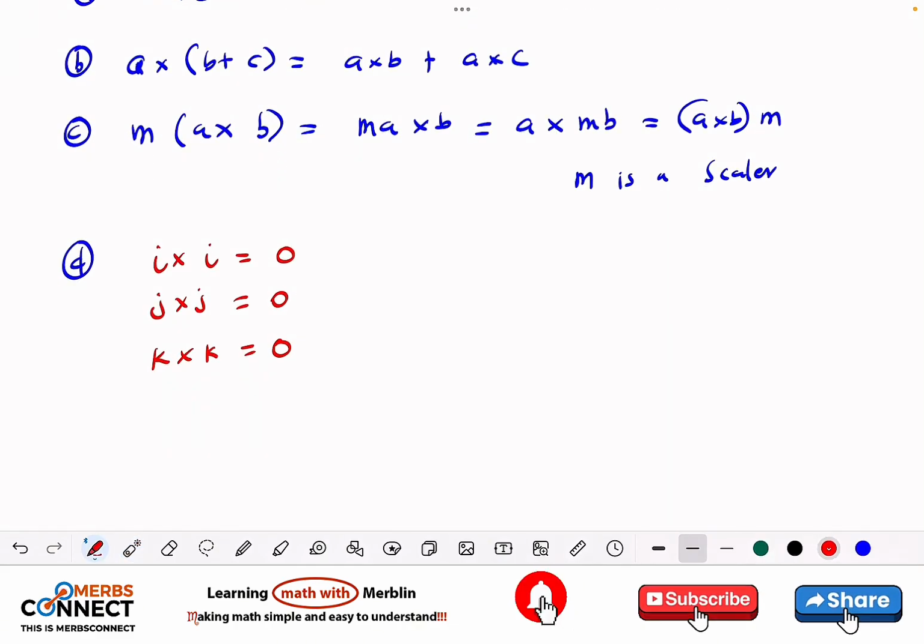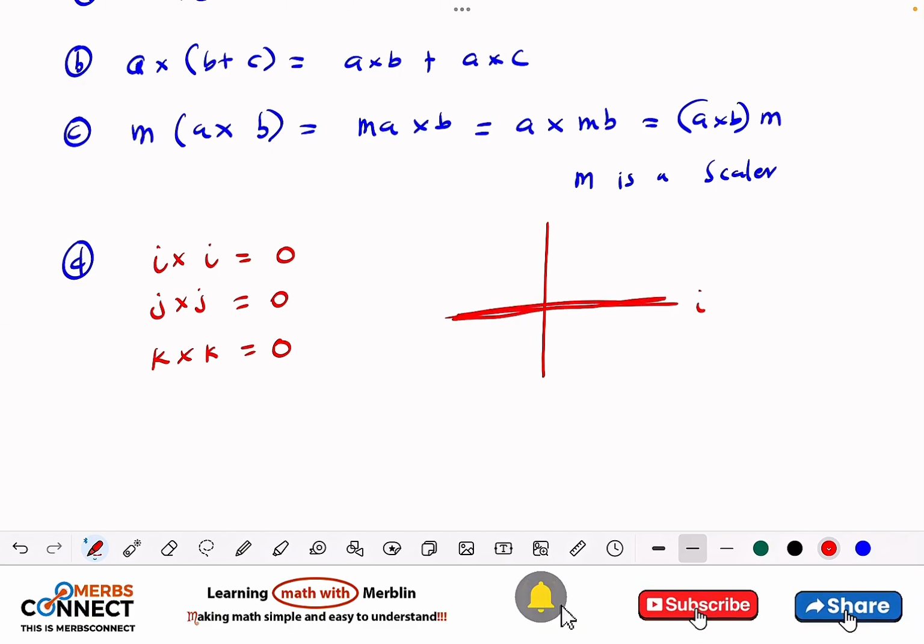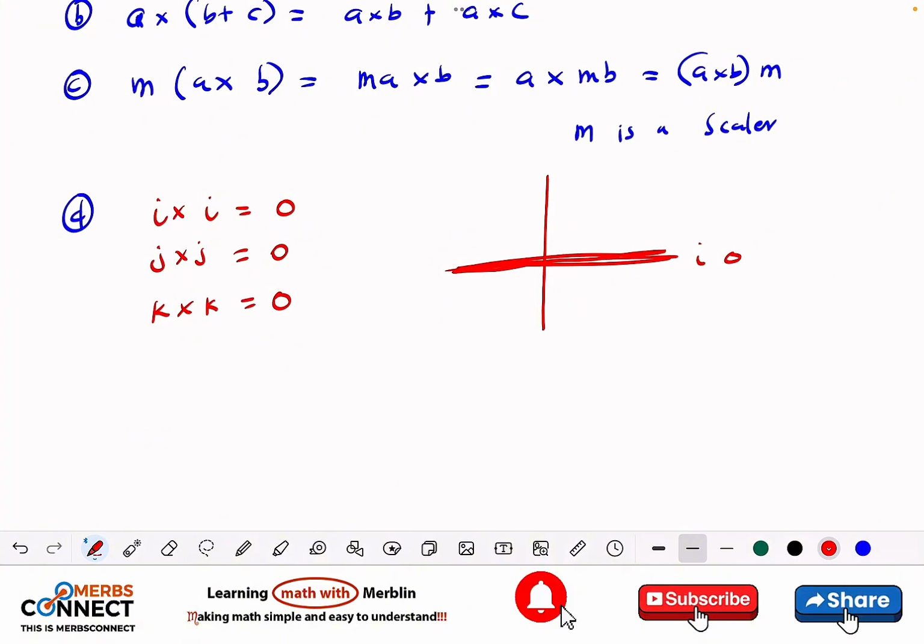So how did I see that? Now, if I have just the X and Y coordinates, this is the I direction, and the I direction has an angle of 0, right? So let's use the formula that we just learned. I cross I is equal to the magnitude of I, the magnitude of I, sine of the angle, and the angle here is 0.